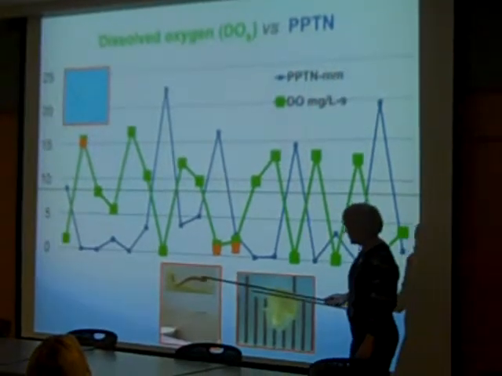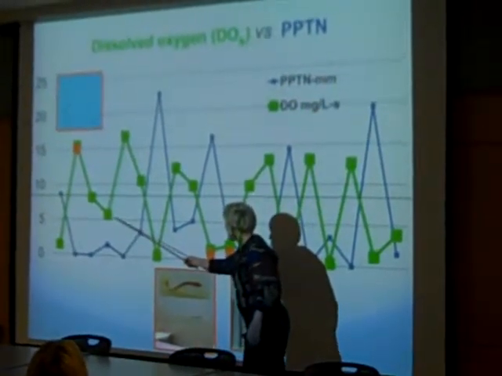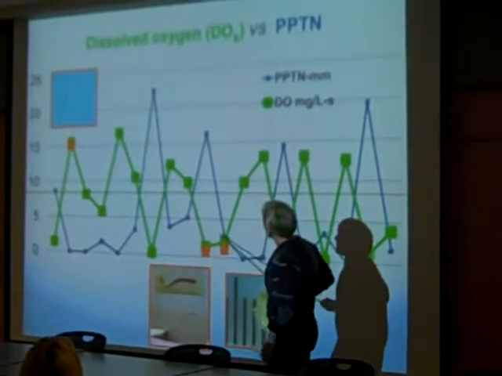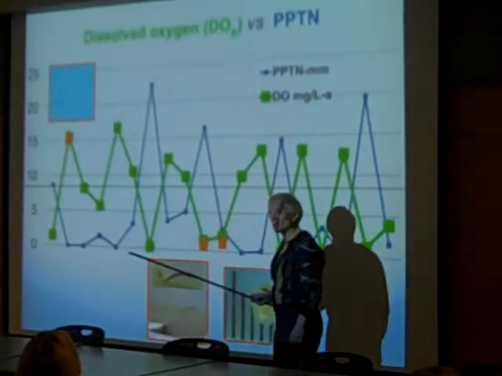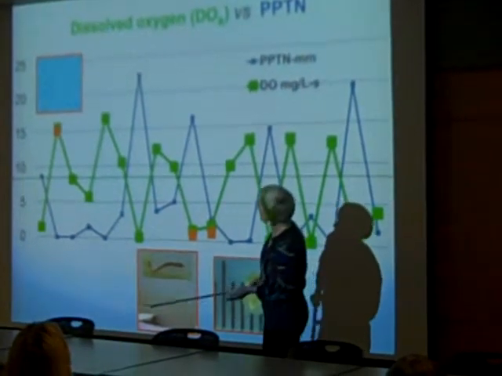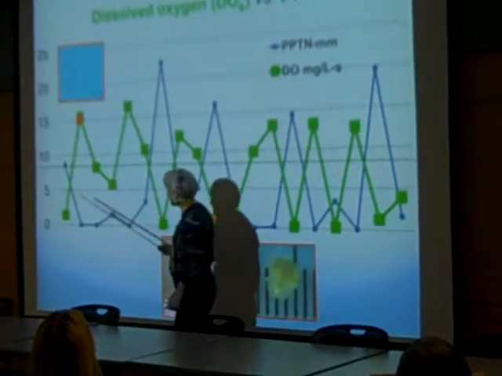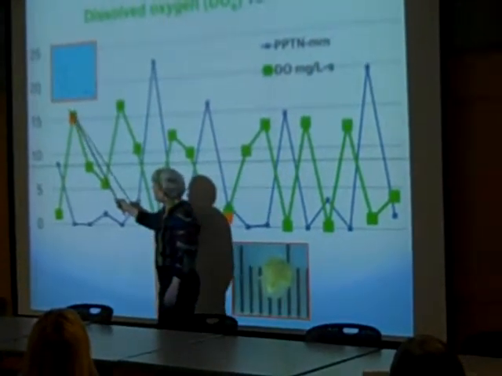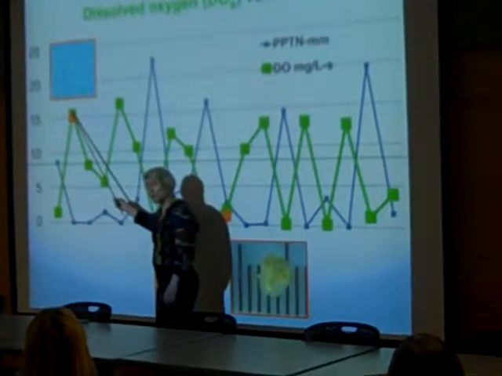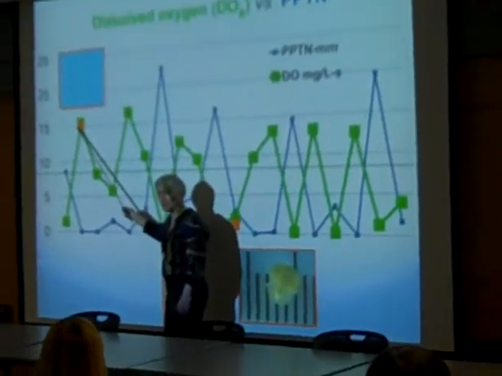Now, also of interest is that there are crashes in oxygen, and here again, even when there was little rainfall. So what could account for this? Well, if we look back and see when the peak oxygen levels were, we find that the water contained at those times, and this is water supersaturated with oxygen.